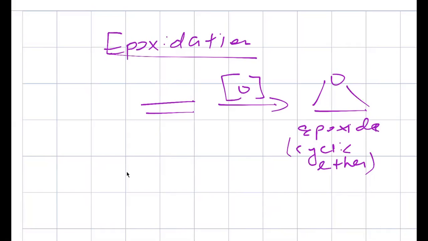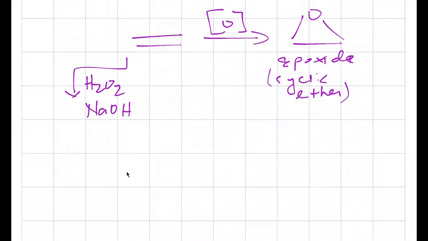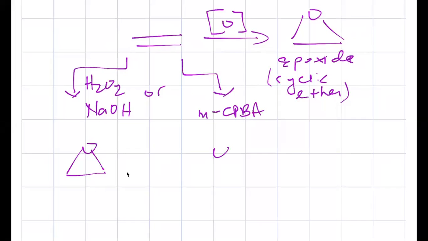All right. So you can do this two ways. You can use hydrogen peroxide and sodium hydroxide, and that'll give you an epoxide. Or you can use MCPBA, and that'll also give you an epoxide.